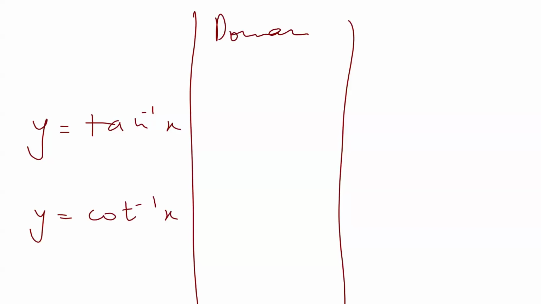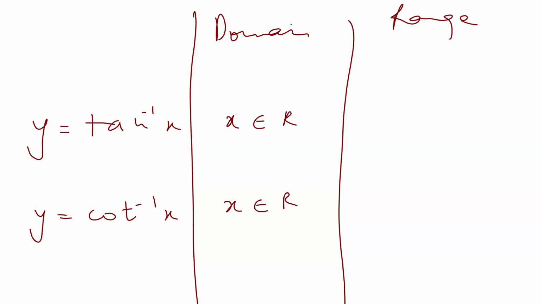Then tan and cot. The domain and range for tan inverse of x and cot inverse of x: x belongs to all real numbers for both tan and cot.